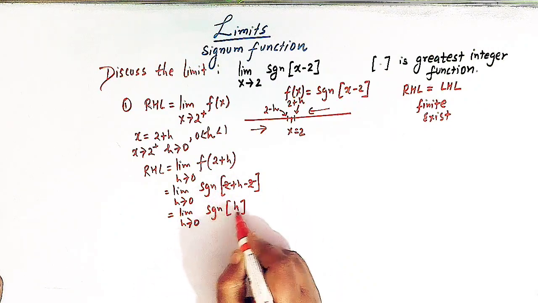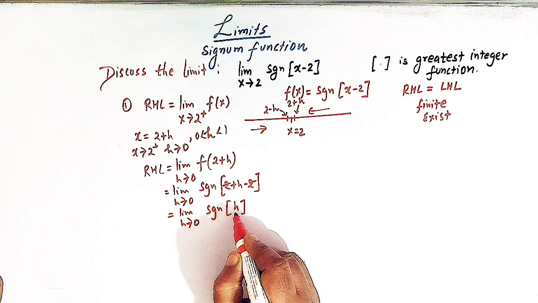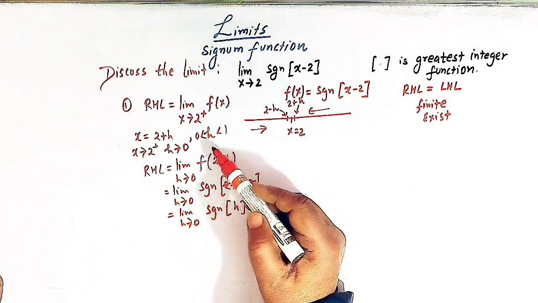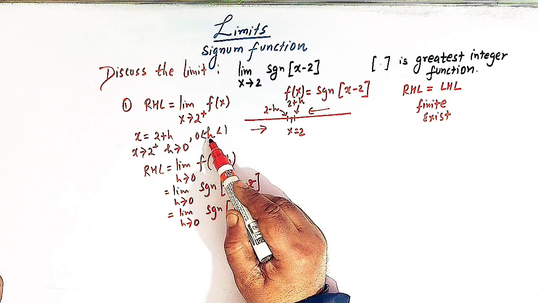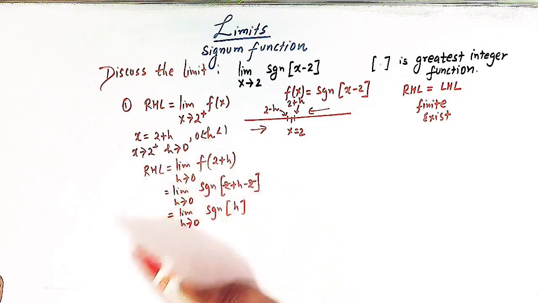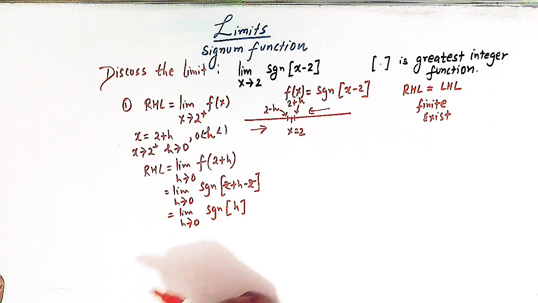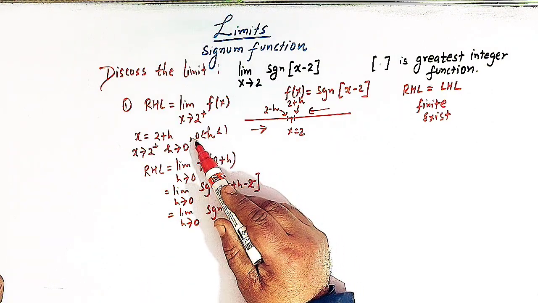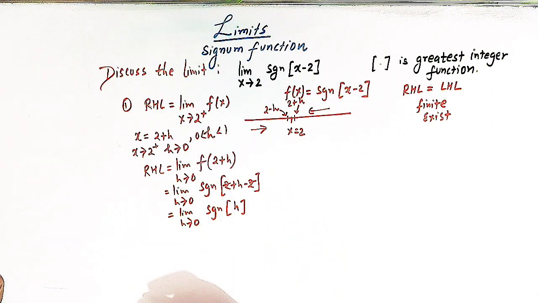So now we have to find the value of greatest integer of h, and we have already said that this quantity h is infinitesimally very small, but it is positive and it lies between 0 and 1, right?